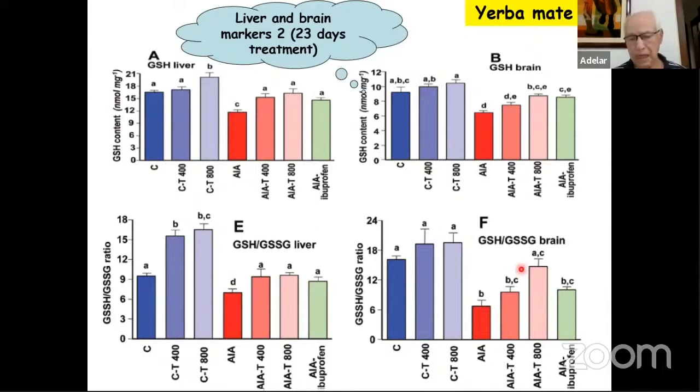So what I want to conclude about these few results that I showed to you is that you can indeed, in the arthritic rat, measure and detect antioxidant and anti-inflammatory effects, which are predicted by in vitro measurements.